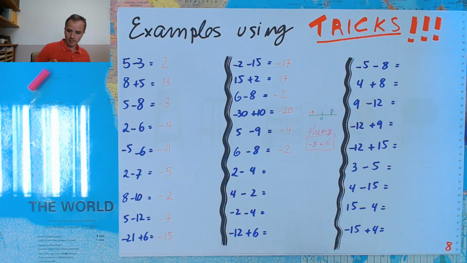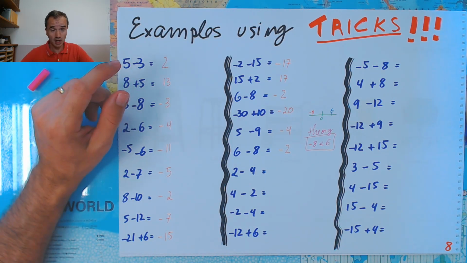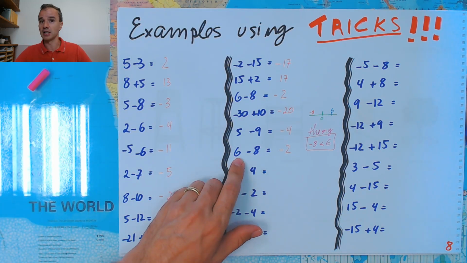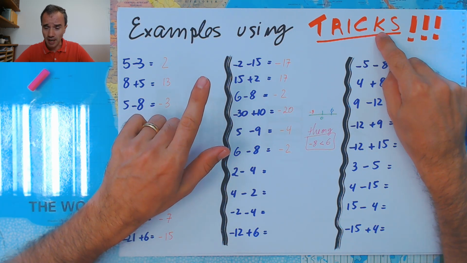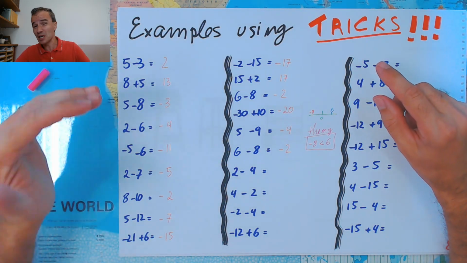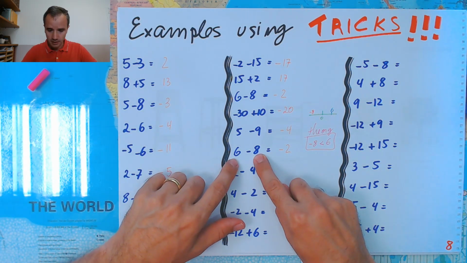Just be cautious about that. Because then you might say, but Marcelo said that minus 8 is bigger than 6. I'm not saying that. I'm using tricks. When you're using tricks, we're being very fast, and we don't have time to attend to all the theory behind it. The bigger is 8, okay?